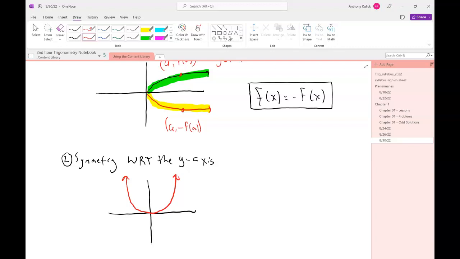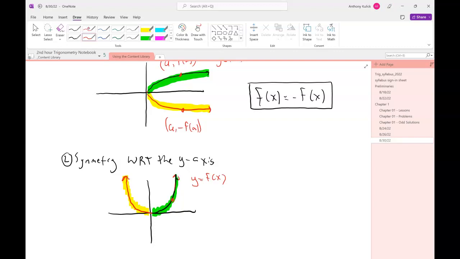So here's an example. Again, notice if I take the part of the graph that's on the left side of the y-axis, reflect it across the y-axis, it's going to give me exactly the part of the graph on the right side of the y-axis. Does that feel okay?